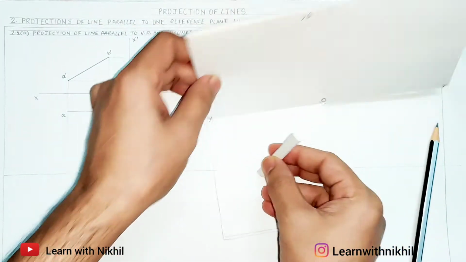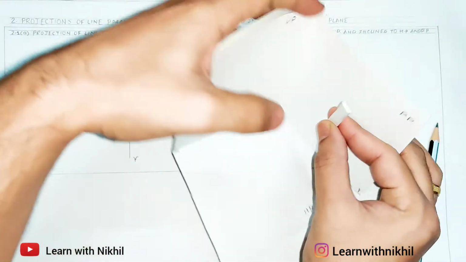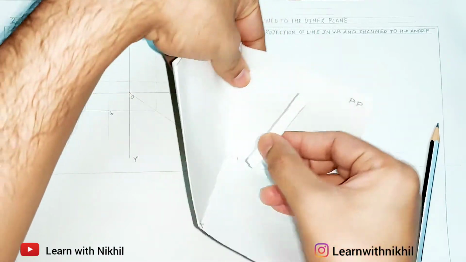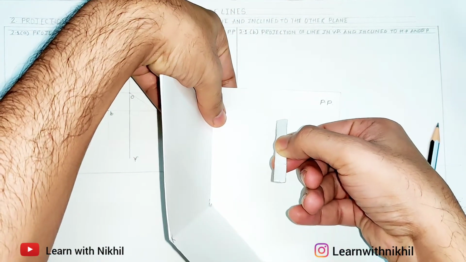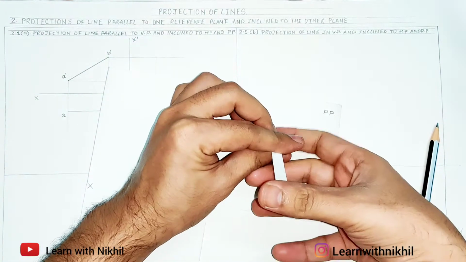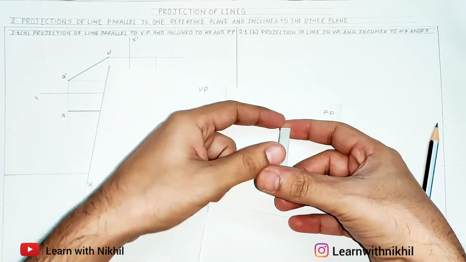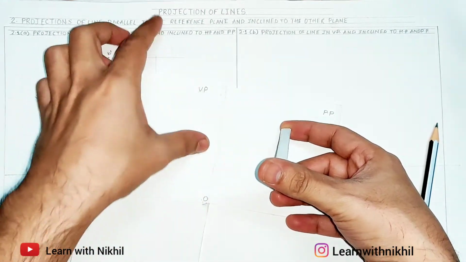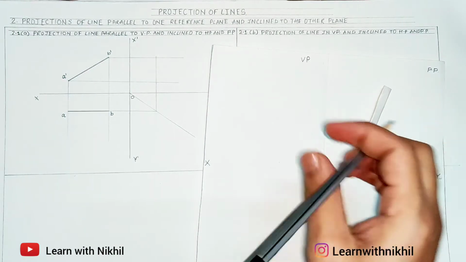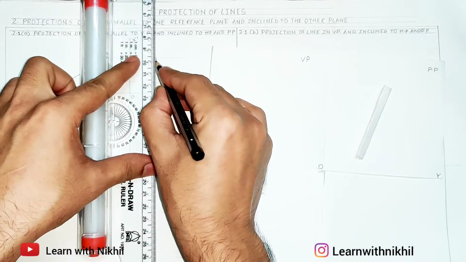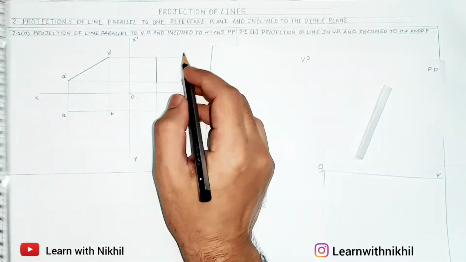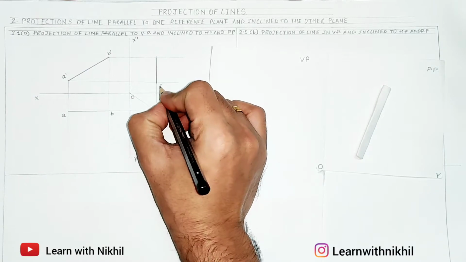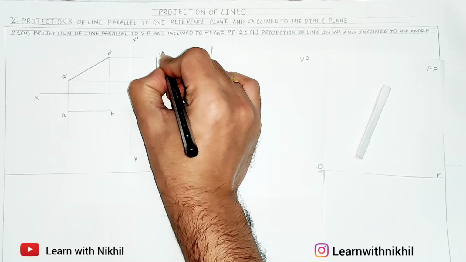As we have seen, the slant line will look like a straight vertical line in the side view, that is on the profile plane. So we'll draw this straight vertical line and denote it as A double dash and B double dash.